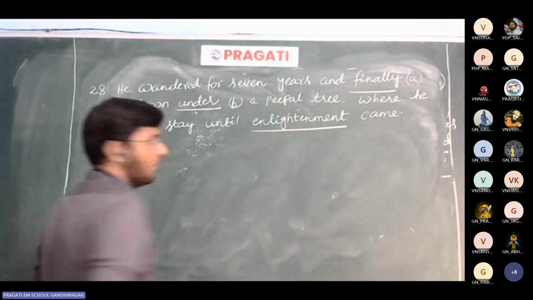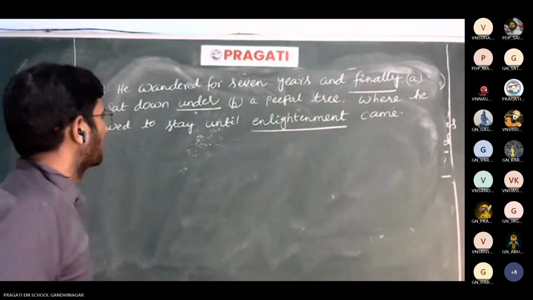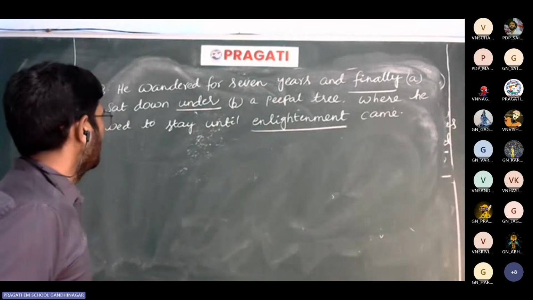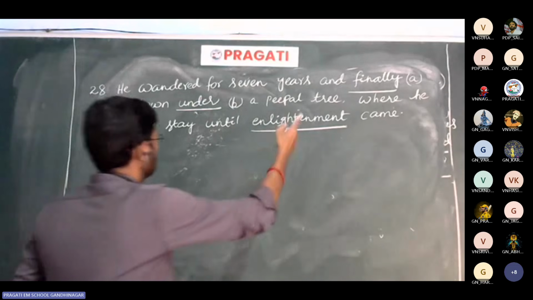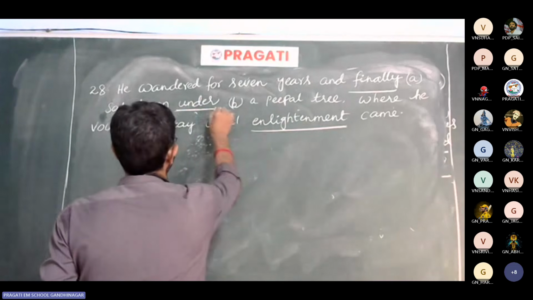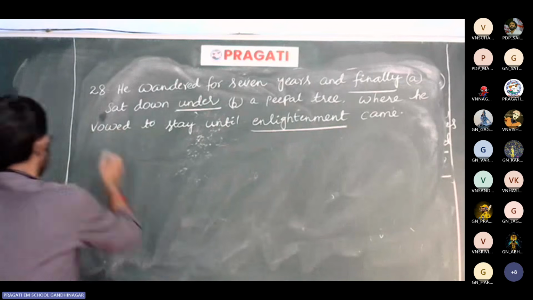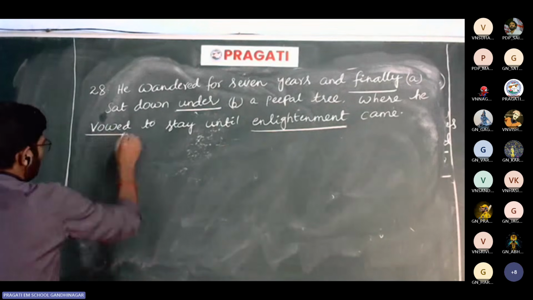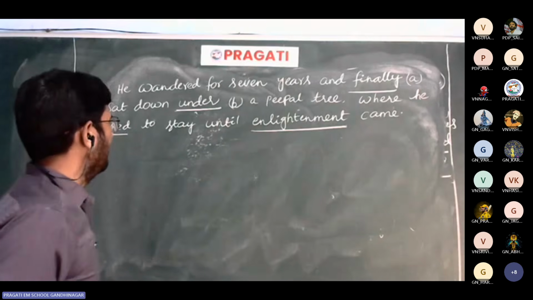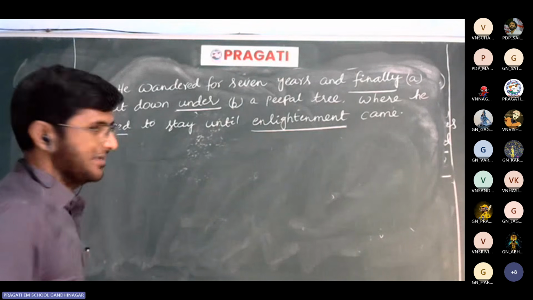Right. So he wandered for 7 years and finally sat down. So finally is underlined, sat down under a peepal tree where he vowed. So this word vowed is underlined, to stay until enlightenment came.